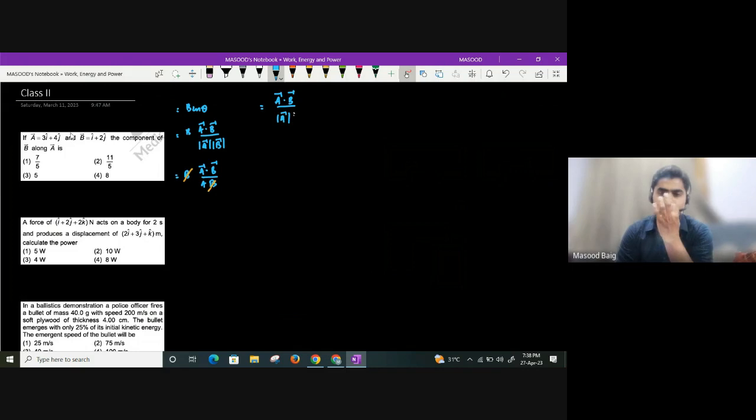Now, whenever two vectors are given, what will their dot product be? We are aware directly. We can write ax bx plus ay by. Yes or no? We can write it as ax bx plus ay by divided by magnitude of a, which will be given as under root of ax square plus ay square. So what is x component of a here? 3.